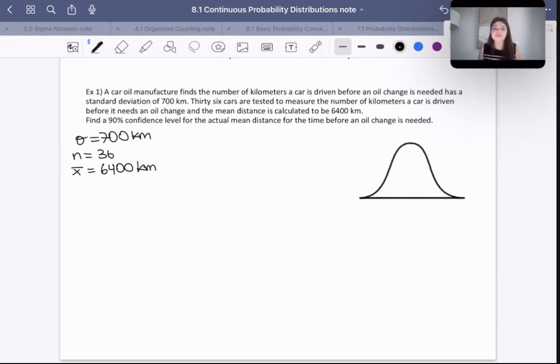Okay, so we would like to get a 90% confidence interval. Okay, so let's go and find that.